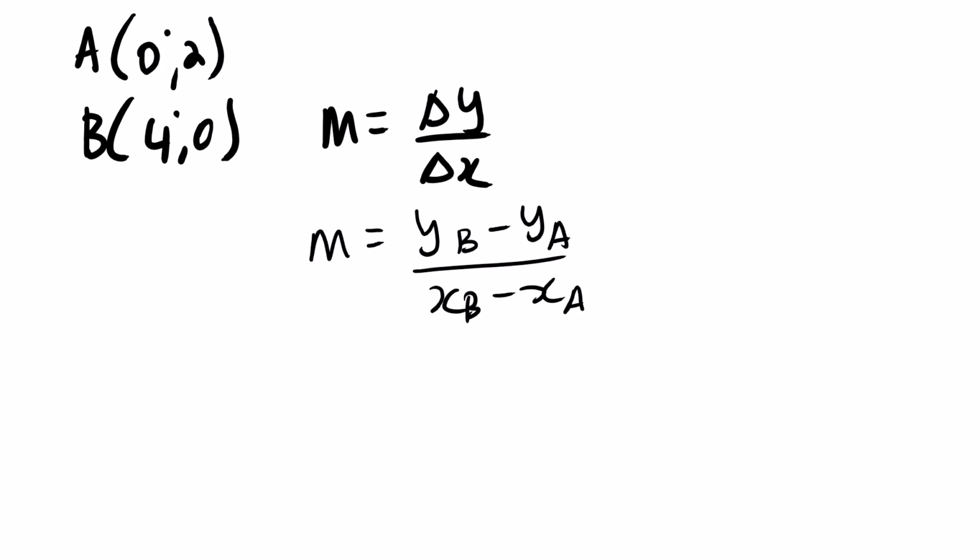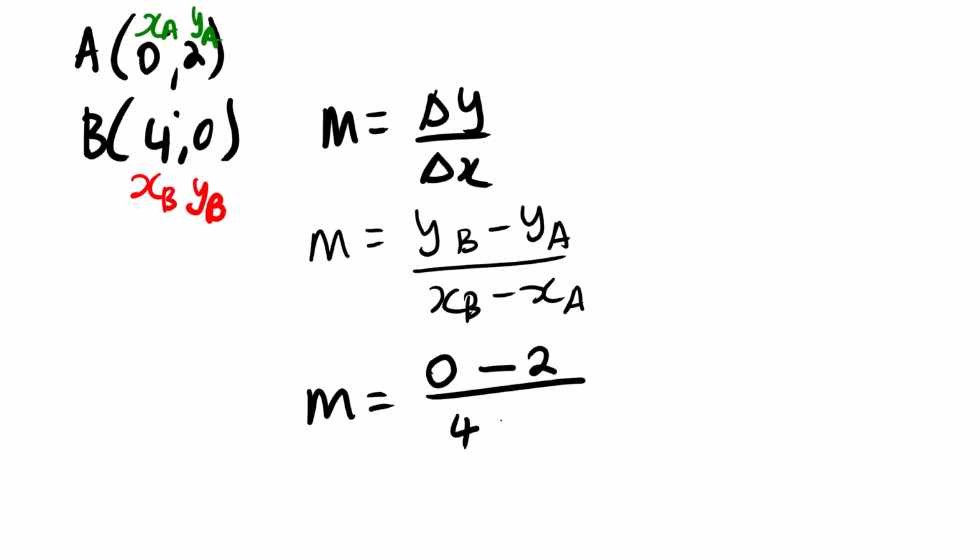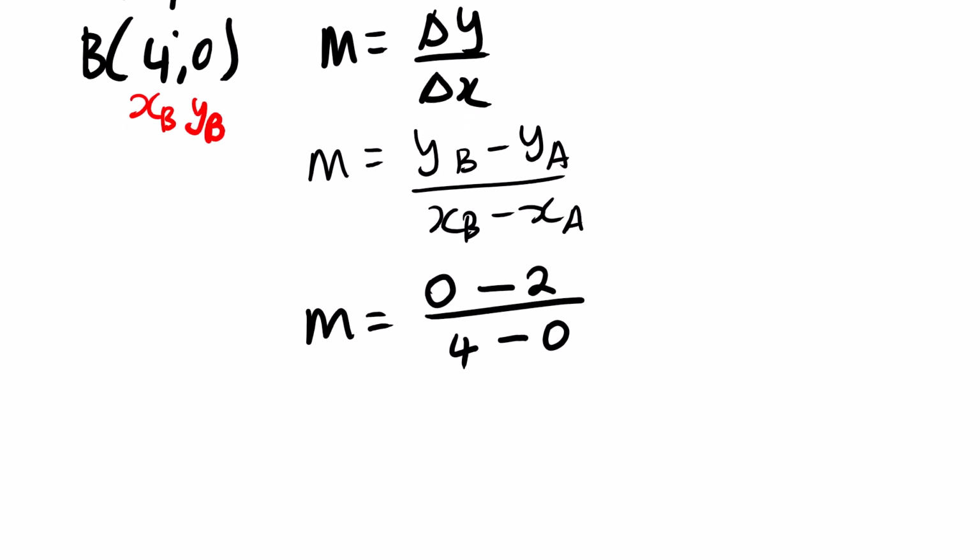So we can simply plug in our coordinates. Now remember, this is xb, yb. Then this is xa, ya. So we have m equals yb, which is 0, minus ya, which is 2, divided by xb, which is 4, minus 0.